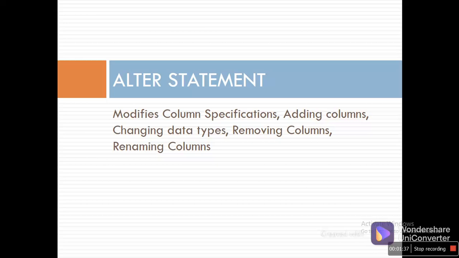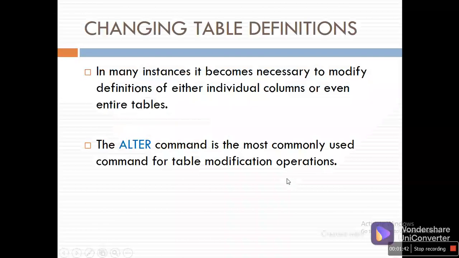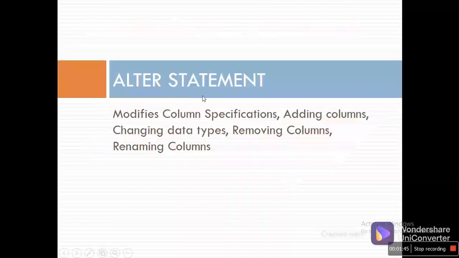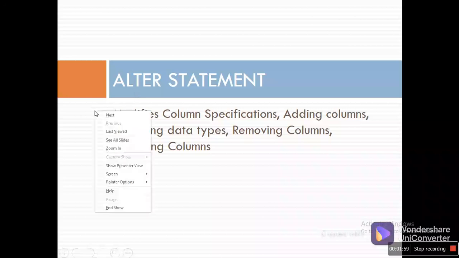So how do we do that? In that case, this is where we come to the alter statement. Anytime you want to make some changes to the existing table definition, change the name of the table, the column, anything about the column, or add a constraint, that's when we use the alter statement.